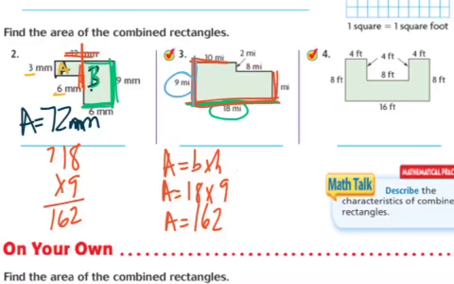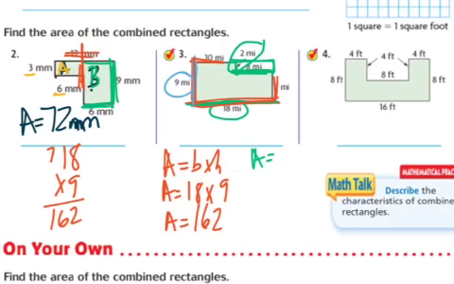Now I need to move to find this small little piece. Okay. You'll notice that there's an arrow right here. This arrow is pointing to this height, and then I have a number right here for my base. This section right here is going to make up that little rectangle.